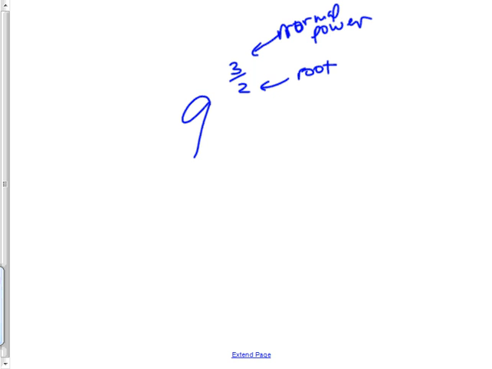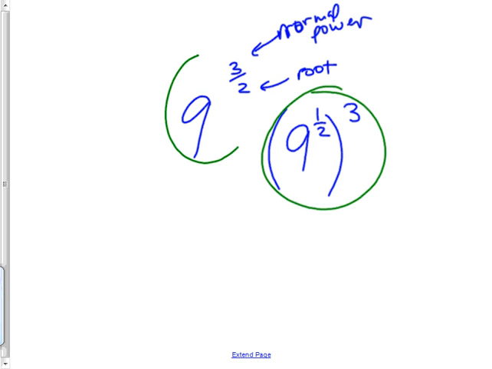of 3. And this turned into 9 to the 1/2 power. Maybe you never knew this before, but to the 1/2 power means square root of. And then you do a normal 3 as a power. Do you get this is exactly the same as this once you multiply it out?